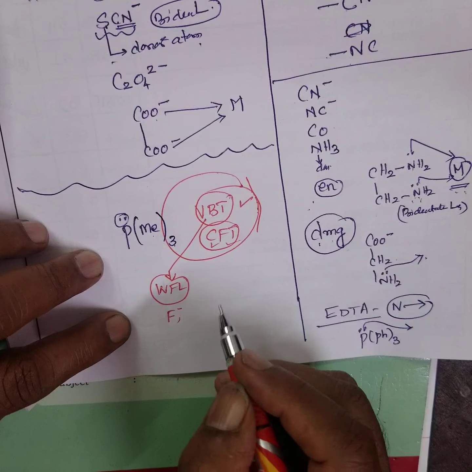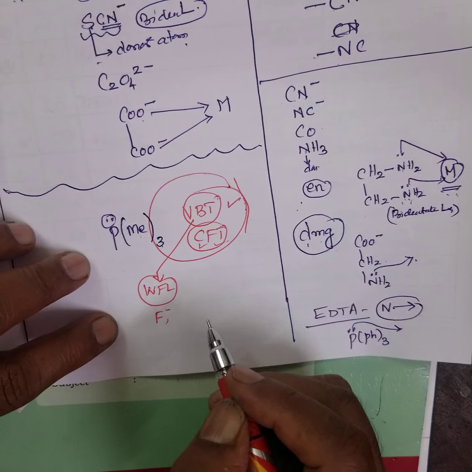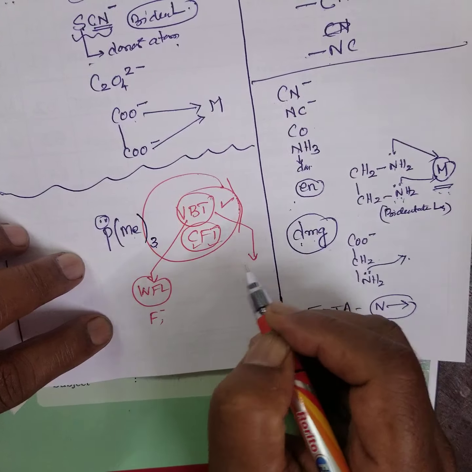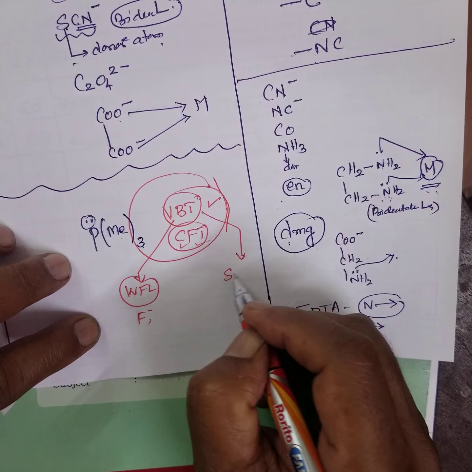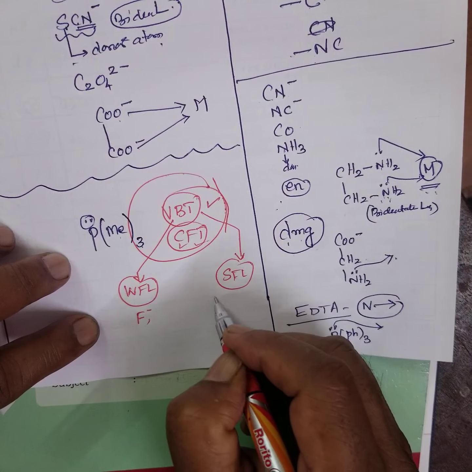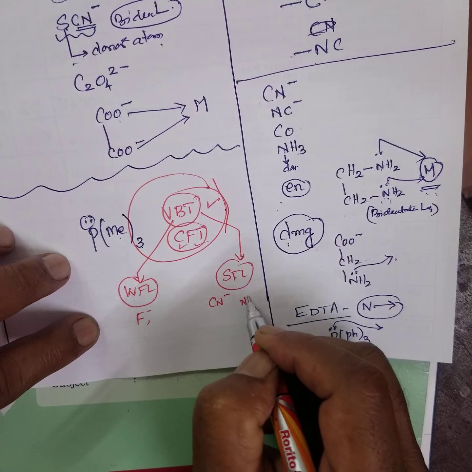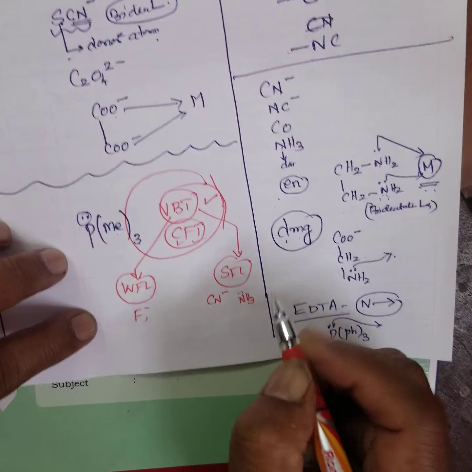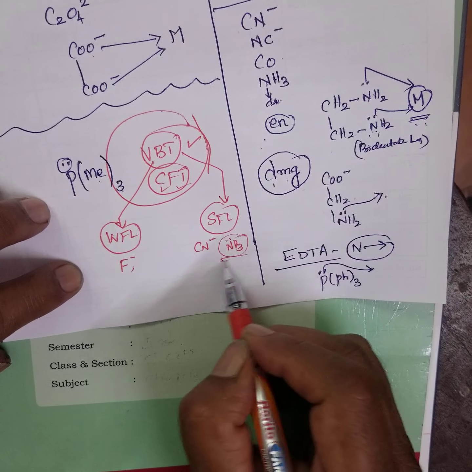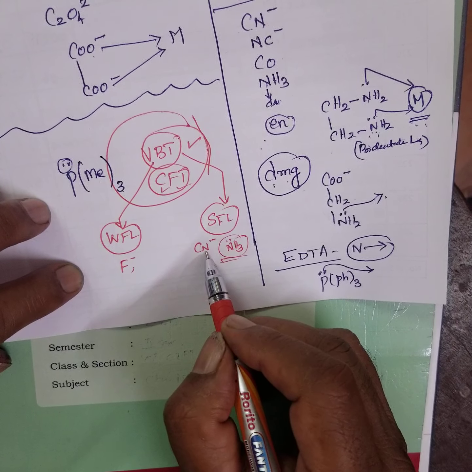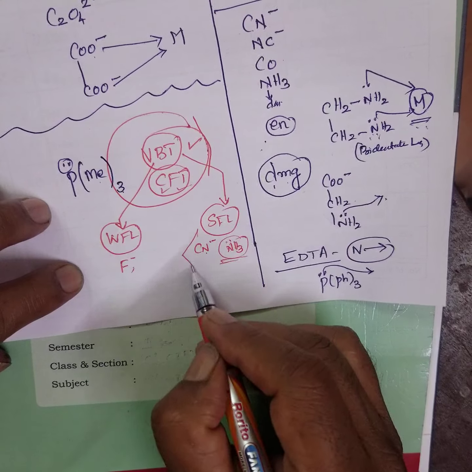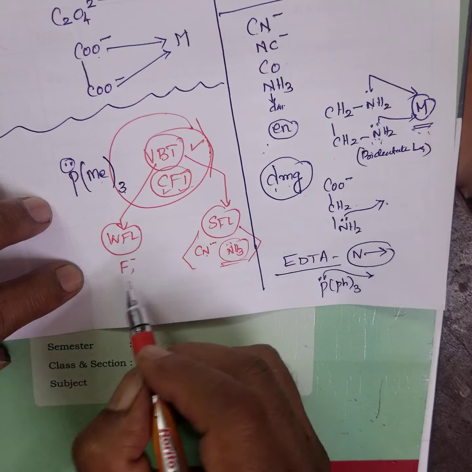Halogens. And for strong field ligands, I am going to choose cyanide and even neutral molecules, say ammonia, right? The nitrogen is the donor. Here also nitrogen is the donor. Cyanide, we are going to discuss that.